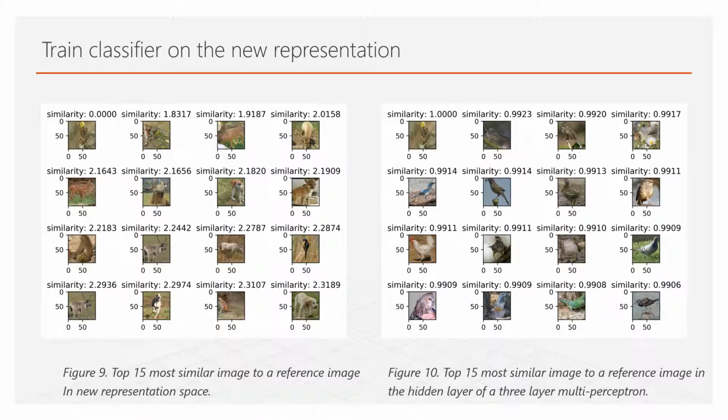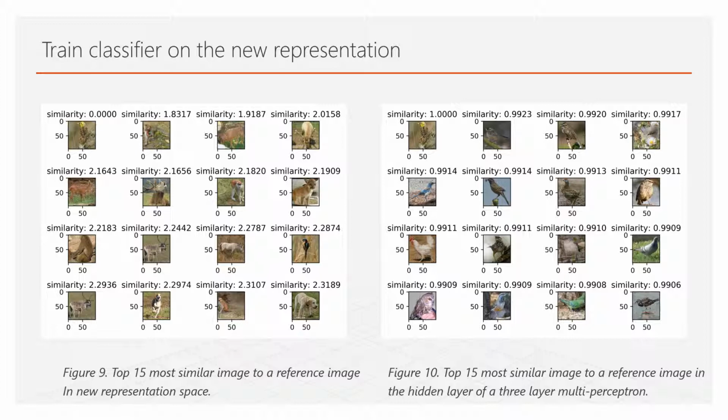Here I want to show what the new features give us. In the left figure, we use the first image as a reference, and then we retrieve the top 15 most similar images to it on the new feature representation. We use Euclidean distance to evaluate their distance.